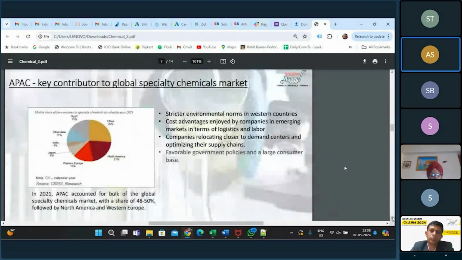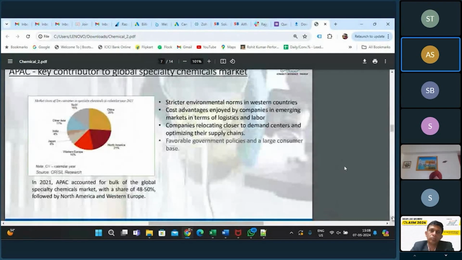So again, if you see this pie chart, compared to the Western regions like Western Europe and North America, the Asian countries are the key contributors to the global specialty market. The overall APAC region shares almost 48 to 50%. And this has been due to the stricter environmental norms in Western countries, and also the cost advantage in terms of logistics and labor, which is enjoyed by the companies in the emerging market.